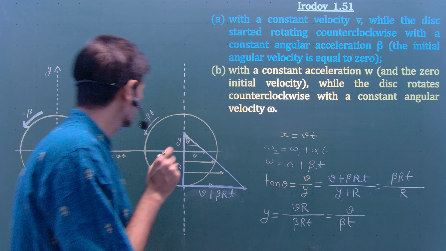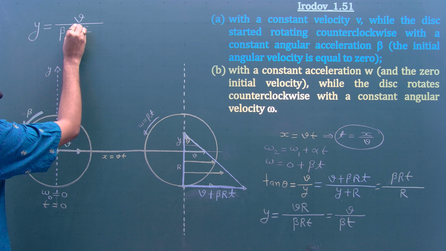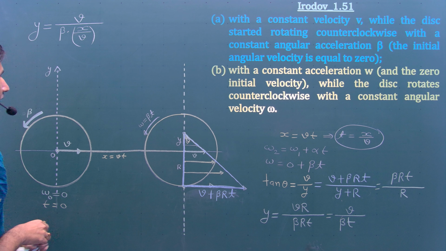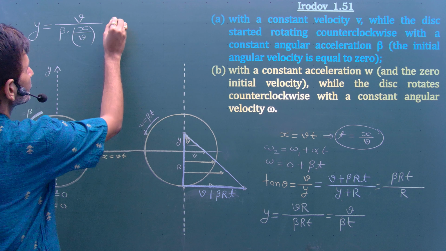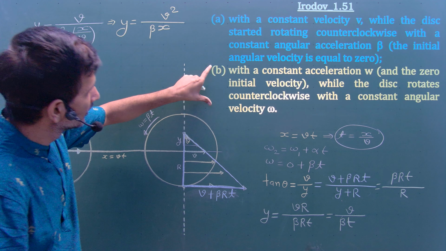So y equals v divided by beta into time. What is the time? Time is x divided by v. So the equation of trajectory of the instantaneous axis of rotation is y equal to v square divided by beta into x. So this is the equation of the instantaneous axis of rotation's trajectory. This is the answer of the first part. In the next video I solve the second part.